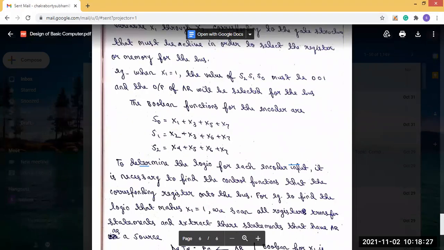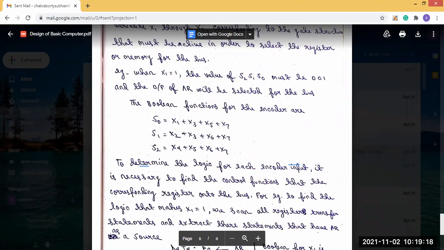For the address register, we will see all the statements that extract the address register as a source.